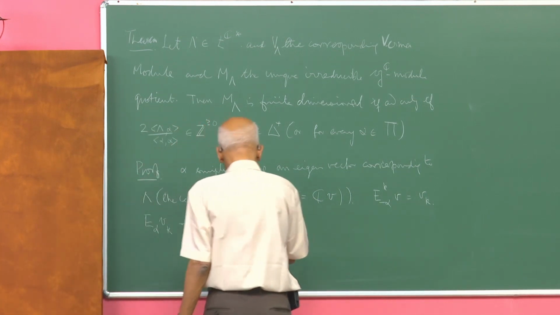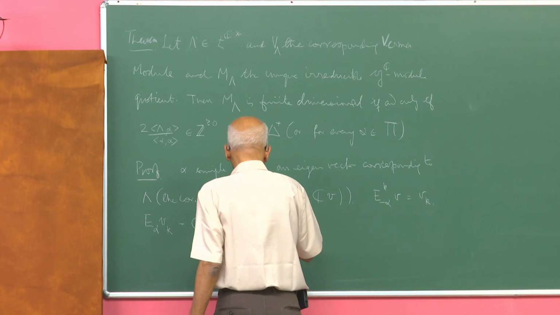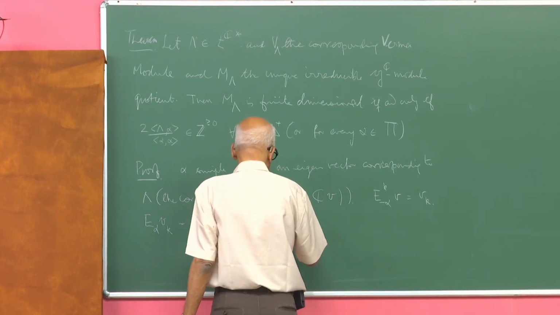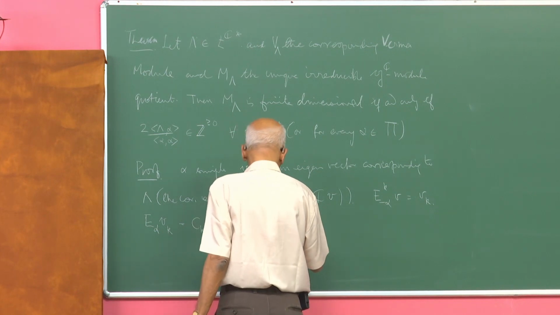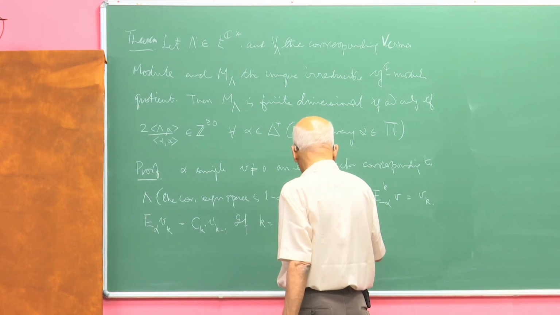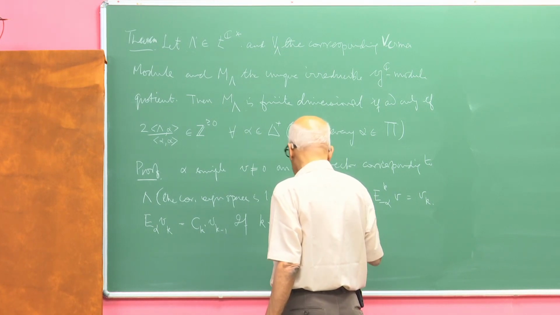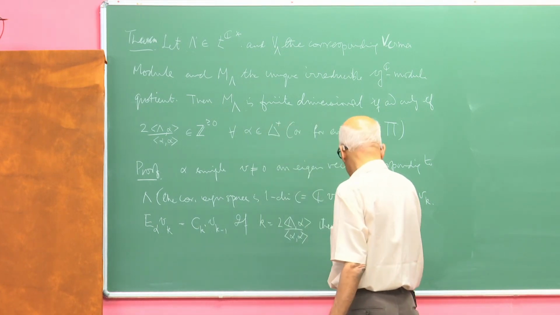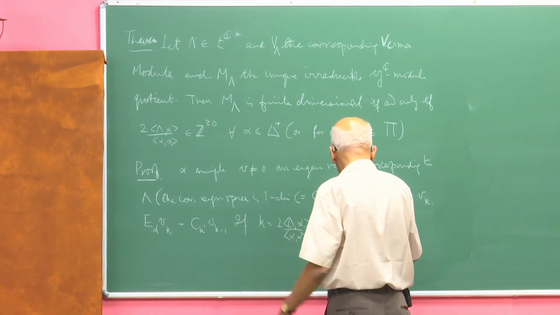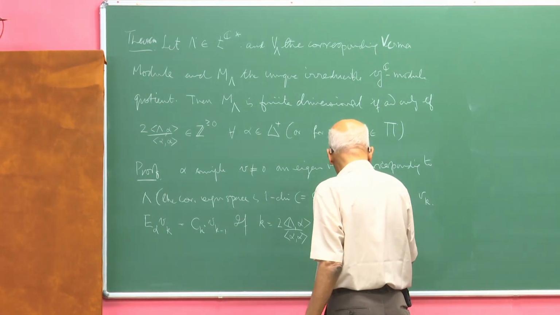And one found that if k equals 2⟨λ, α⟩ by ⟨α, α⟩, then c_k is 0.